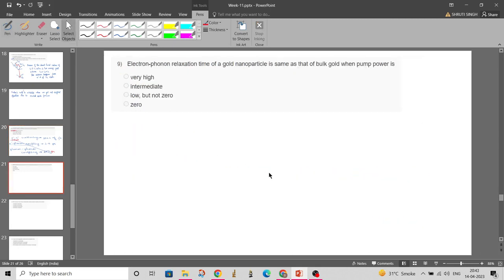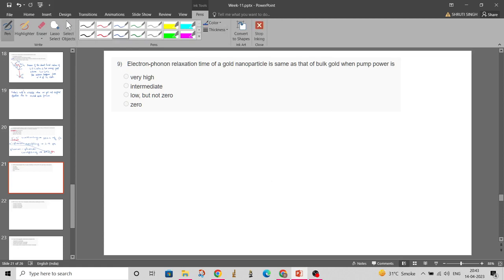For the ninth question, the electron-phonon relaxation time of gold nanoparticles is the same as that of bulk gold when the pump power is 0.